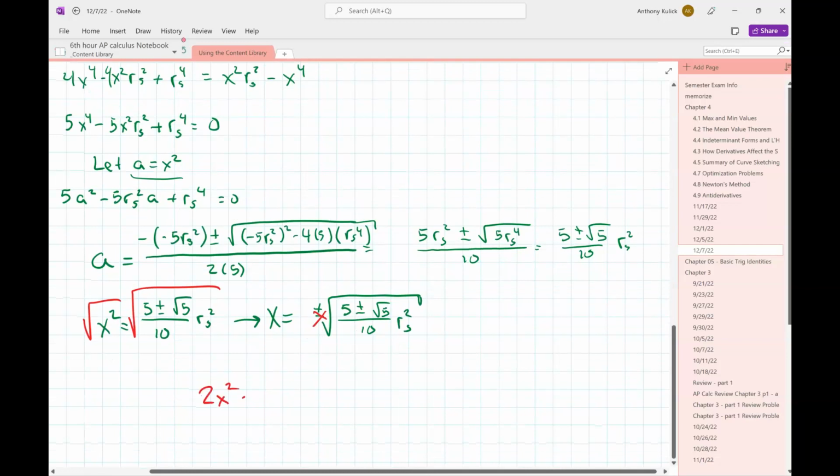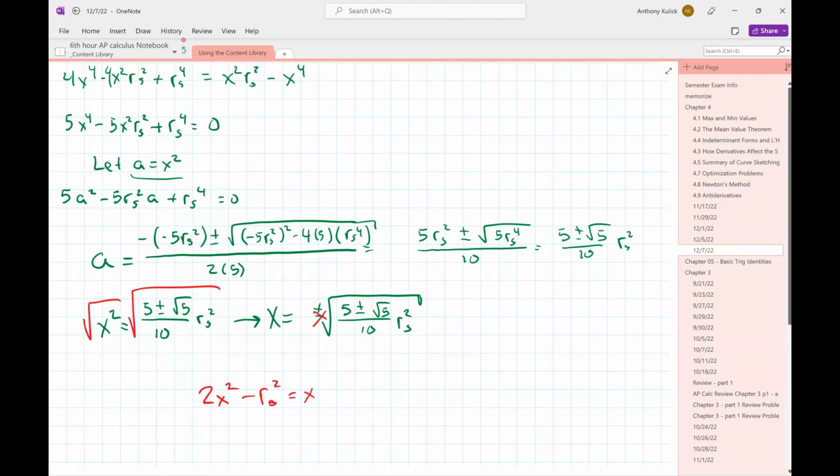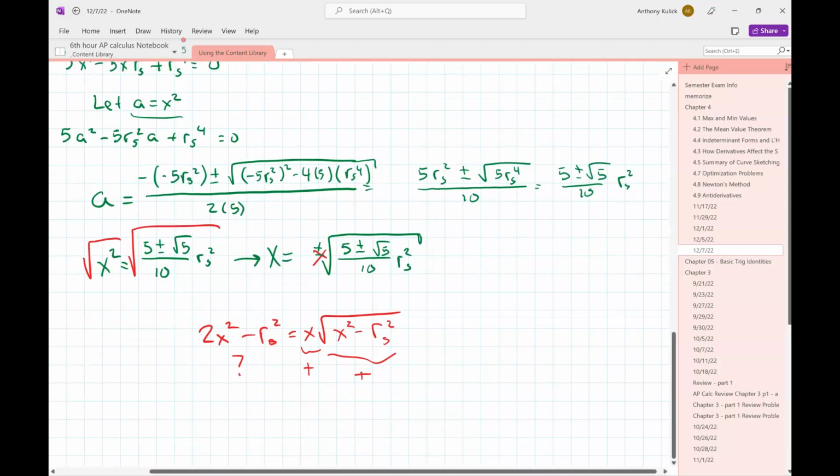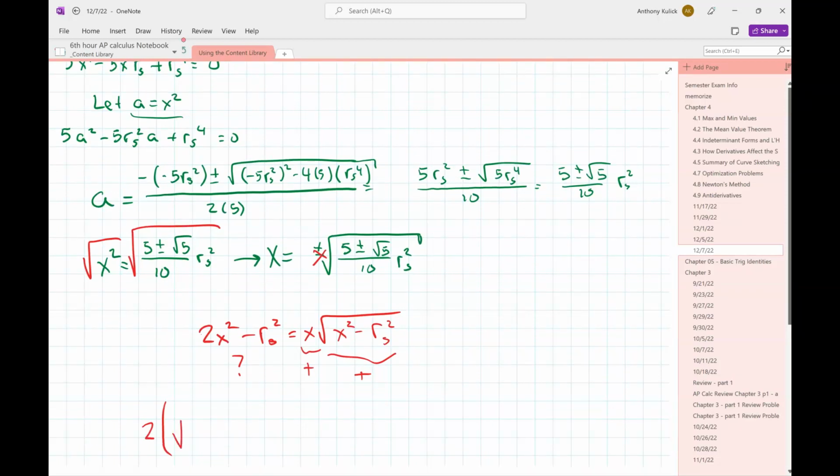Okay. So this is where we're checking at. This is positive, and this is positive. So what we're going to do is plug in over here to see what happens. And let's just start with the plus.